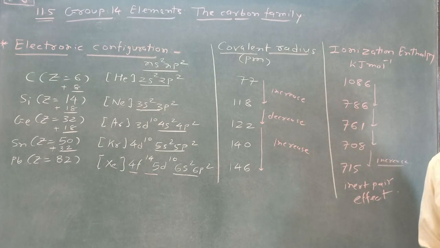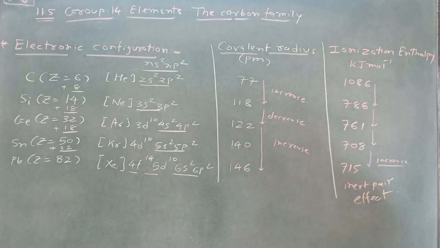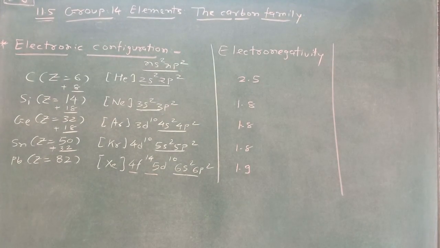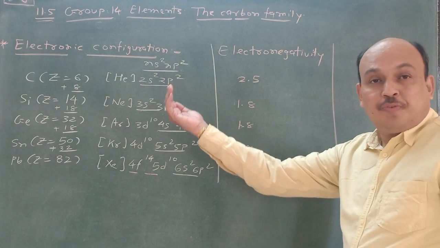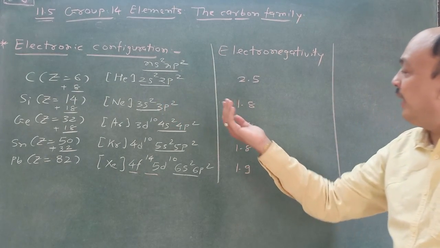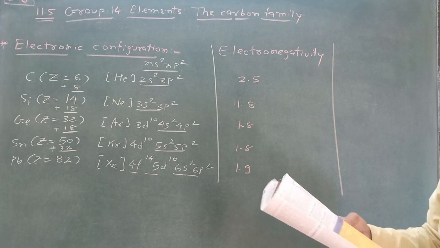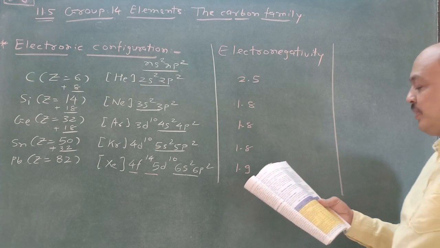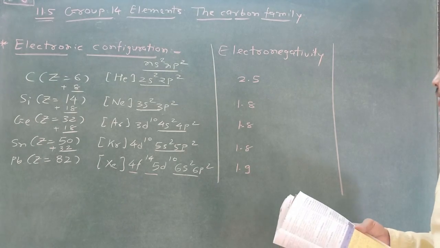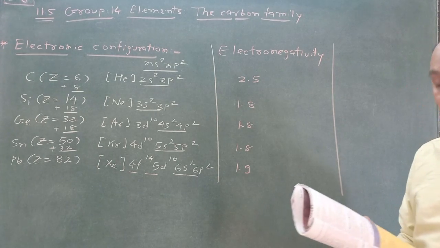Now the last topic is electronegativity. Here in a period, when we move from group 13 to group 14, the atomic size is smaller. So the sentence is: due to small size, the elements of this group are slightly more electronegative as compared to group 13.